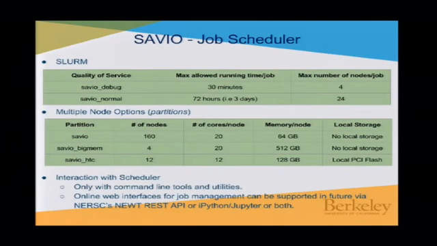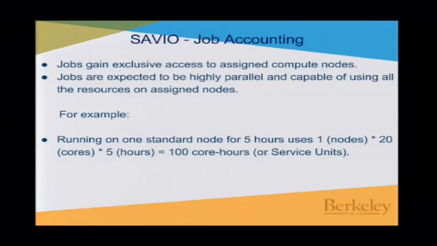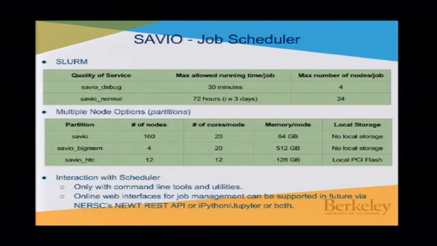Whereas in the Savio HTC partition, the multiplier would not be 20, it would be the number of cores that you specify, because in this partition the nodes are not assigned exclusively. Only the number of cores that you ask for; if you do not specify the number of cores, we'll assign a default number of cores to you.